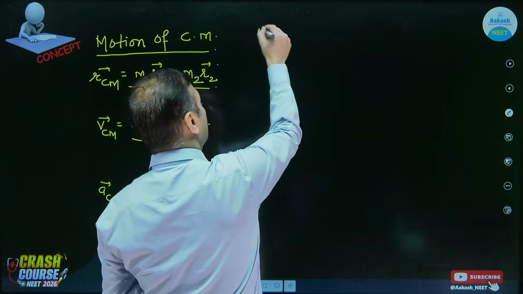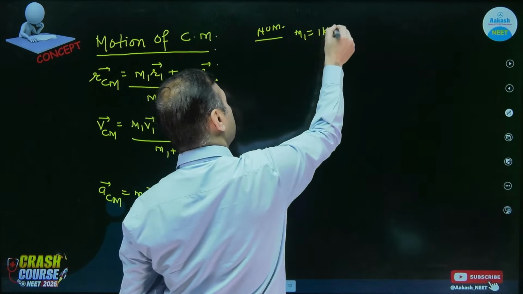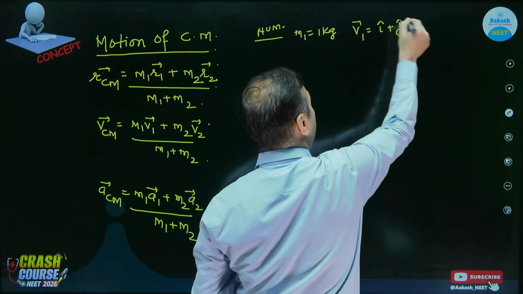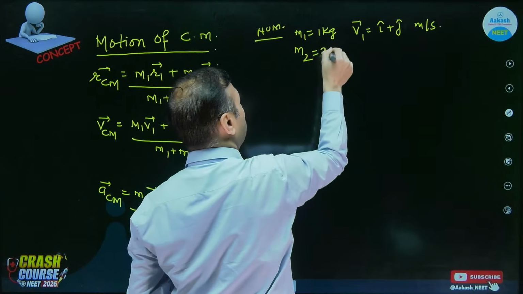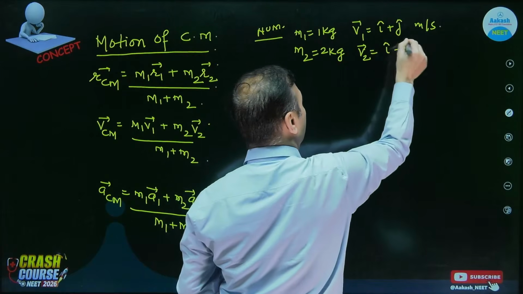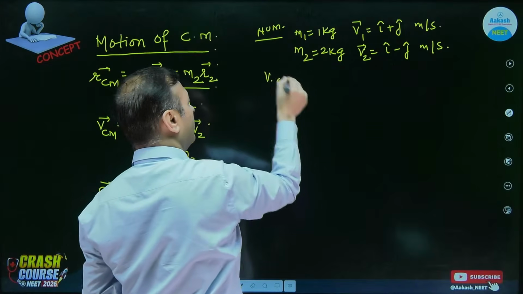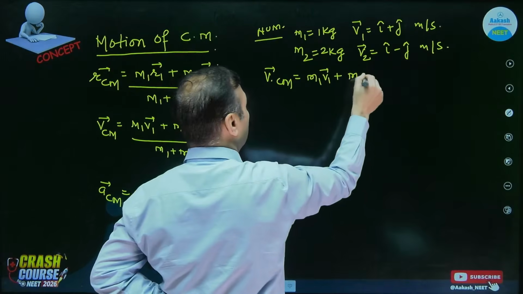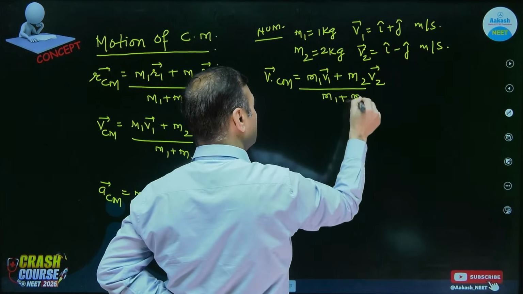Let's suppose you have a mass m1 of 1 kg moving with velocity i cap plus j cap meter per second, and another mass m2 of 2 kg moving with velocity i cap minus j cap meter per second. What is the velocity of center of mass? We simply put m1 v1 plus m2 v2 divided by m1 plus m2.